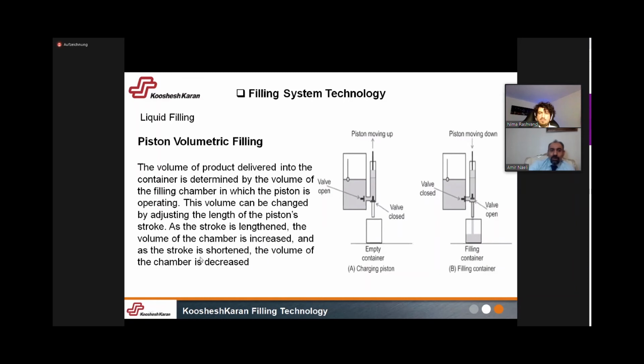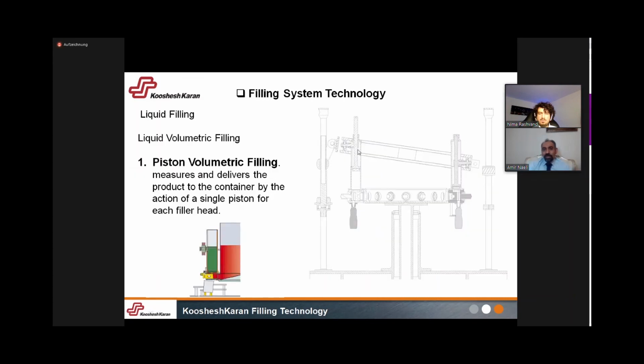As you see here in this section, there is a cam. This cam, when it goes up and down, can adjust the stroke of the piston. Is it manual?